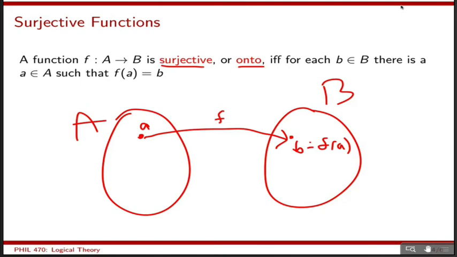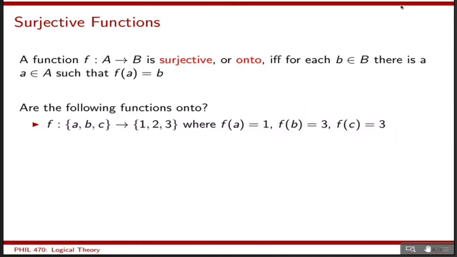Using the notation I introduced a little bit earlier, a function is going to be onto or surjective if the codomain is equal to the range. Because the codomain is this entire set B, and the range are all those elements of B that are associated with some element from its domain. Okay, so this is an onto function.